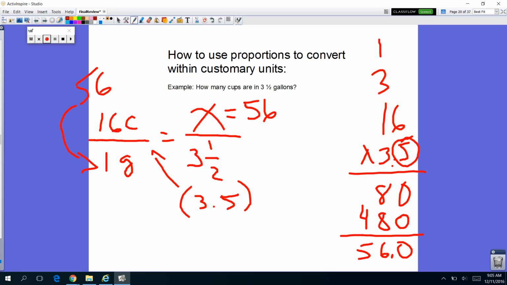I would have done it as a fraction, but for this particular one, I think decimals was okay. As a fraction, you could have multiplied 3 times 2 is 6 plus 1 is 7. You would have used 7 halves. And then you multiply 16 times 7 and divide it by 2 to get that answer.